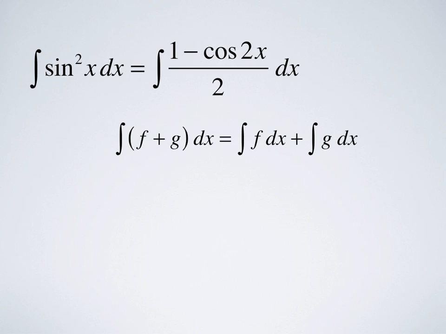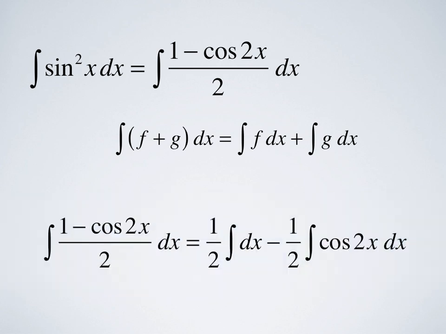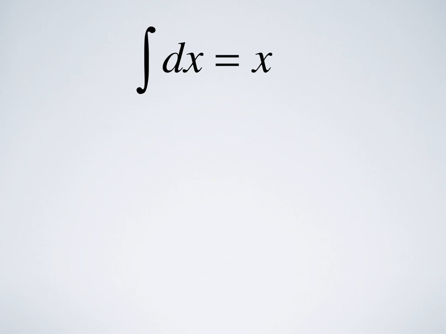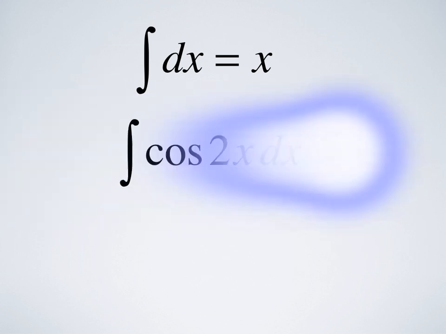Now we use the integral of f plus g is equal to the integral of f plus the integral of g, and we can split that up into 1/2 the integral of dx minus 1/2 the integral of cosine 2x dx. Now the integral of dx, of course, is just x.